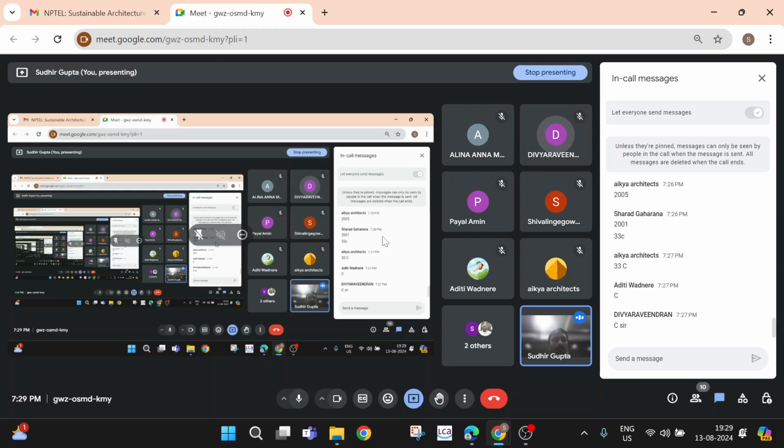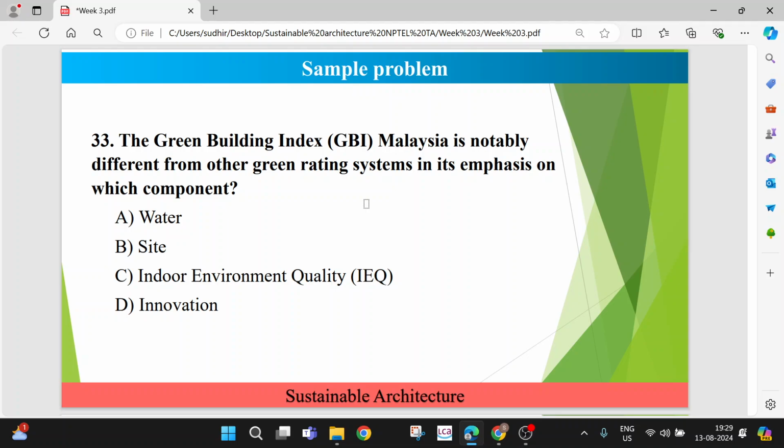If you have understood the last lecture, then you will know the answer, and those who have given the answer are absolutely right. When you are talking about GBI, Green Building Index, Malaysia, it places significant emphasis on indoor environment quality, IEQ for short, which is less emphasized in many other green building rating systems.